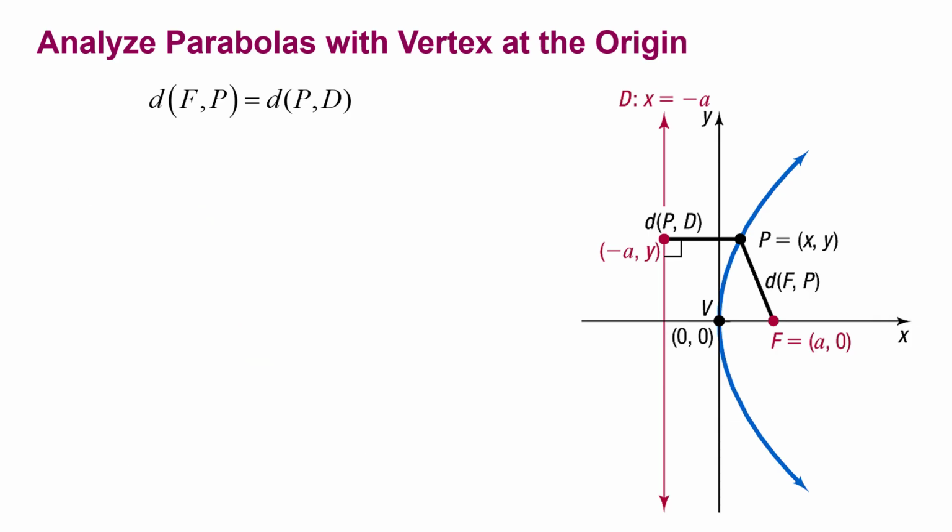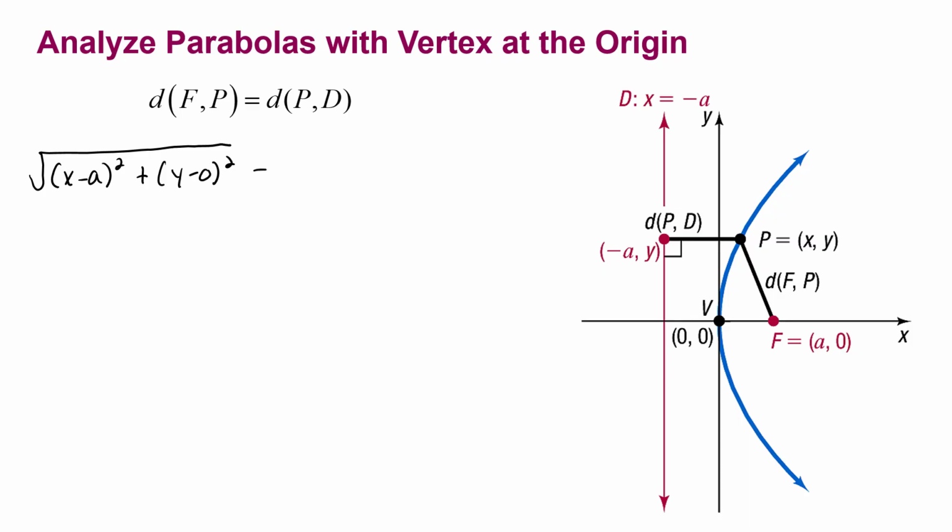Now recall that the definition of a parabola states that the parabola is the collection of all points that are equidistant from the focus and the directrix. So for any point P with coordinates (x, y) that lies on the parabola, the distance from the focus to P must equal the distance from the directrix to P. Now to calculate the distance from F to P, we can use the distance formula and write the square root of the quantity x minus a squared plus the quantity y minus 0 squared.